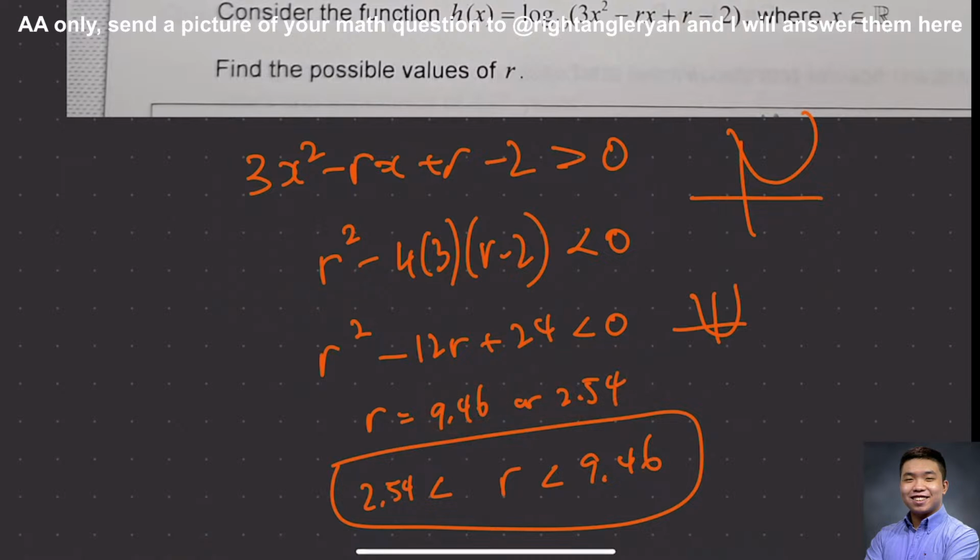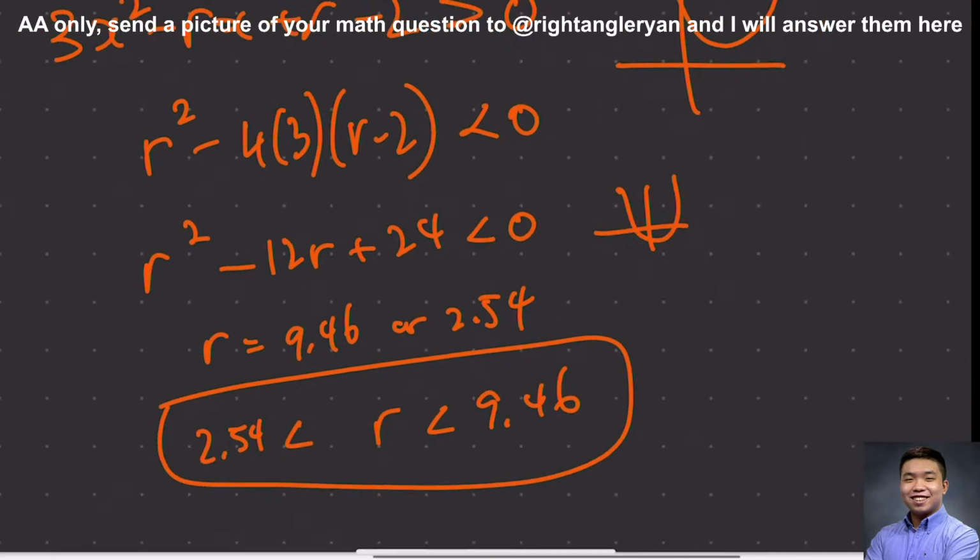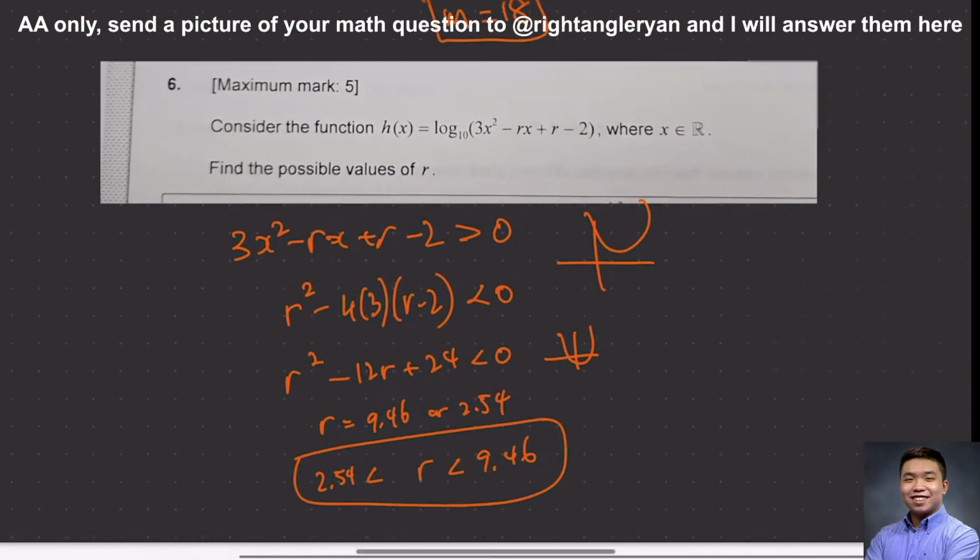Now since I want this quadratic to be less than 0, I know that it needs to be in between 2.54 and 9.46, because this is a quadratic, so it has a U shape again. Now this quadratic has two solutions, here and here. I want it to be less than 0, so therefore it needs to be in between these two x coordinates. So that's why I came up with this.